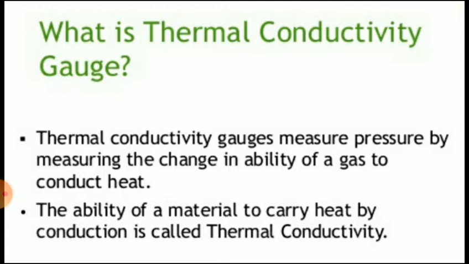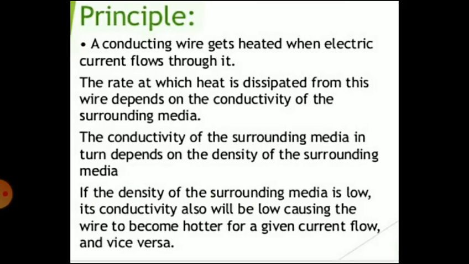Thermal conductivity gauges measure pressure by measuring the change in ability of a gas to conduct heat. The ability of a material to carry heat by conduction is called thermal conductivity. Now the principle used in thermal conductivity gauges: a conducting wire gets heated when electric current flows through it.